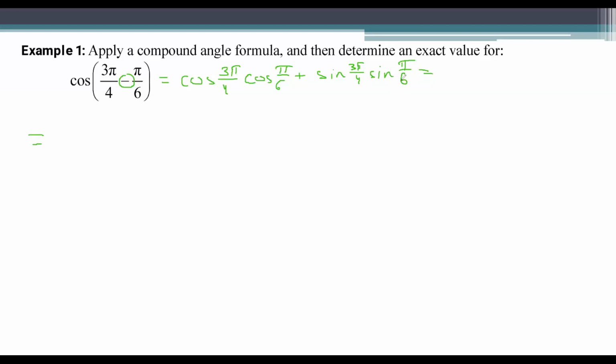Next step, each one of these angles we need to evaluate. 3 pi over 4.